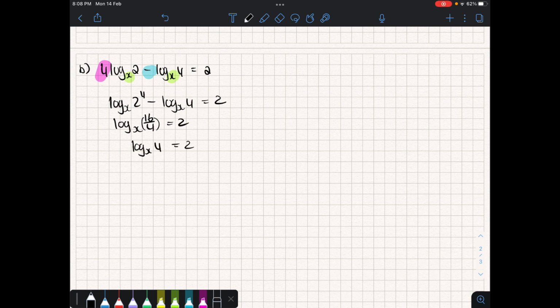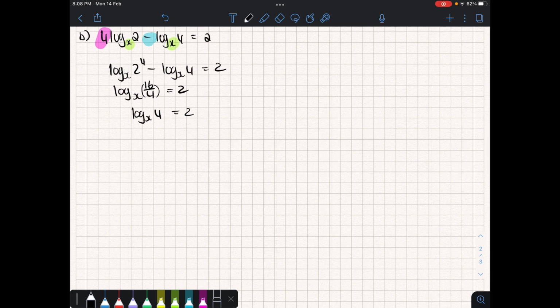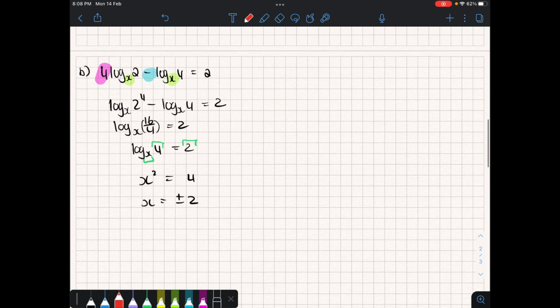Now we're just going to convert this back into exponential form, remembering that this is the base, this is the value, this is the exponent. So we have x to the power of 2 equal to 4. Therefore, x can be equal to plus or minus 2. And just like before, we need to check our solution.